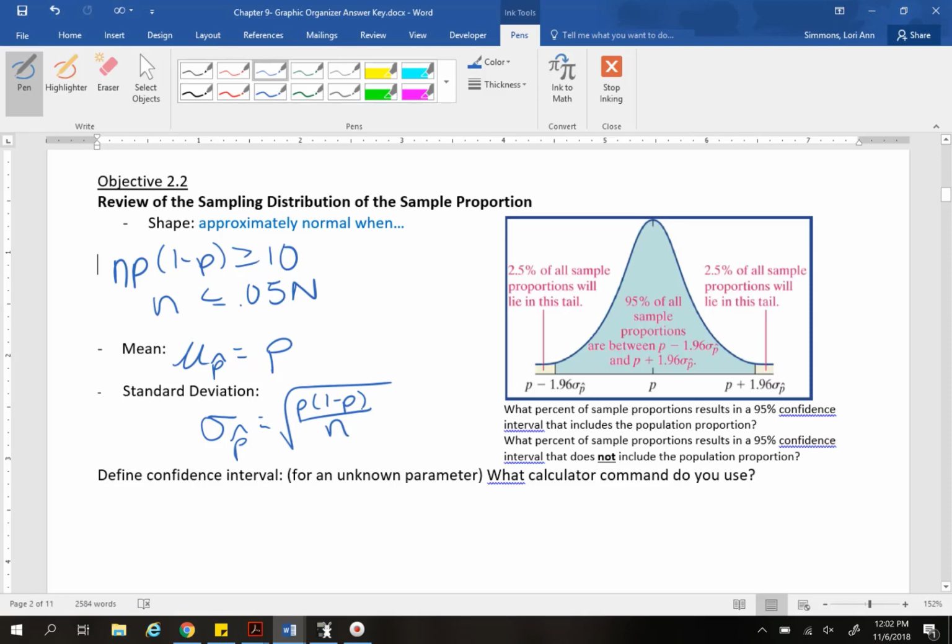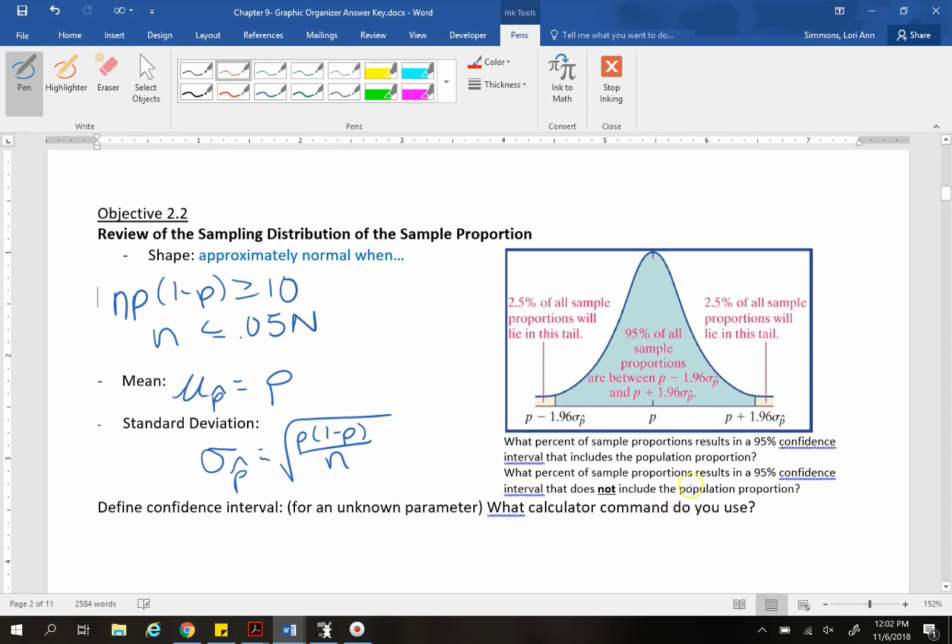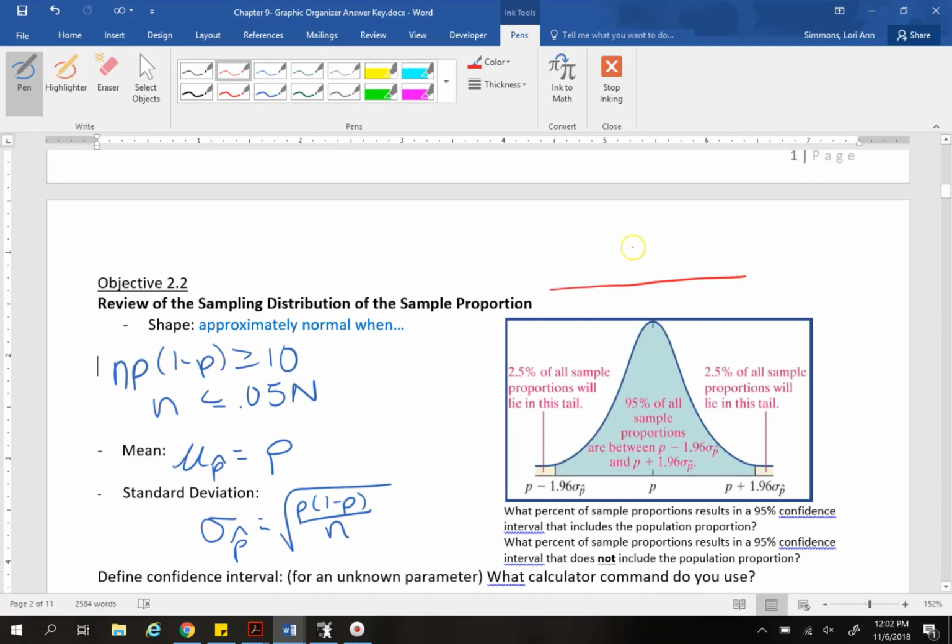So let's look at this over here. We're going to be looking at 95%. So we want to be 95% confident, and if we're 95% confident, it's going to fall within this range. If you recall the empirical rule, 1 standard deviation from the mean was 68%, and 2 standard deviations was 95%.